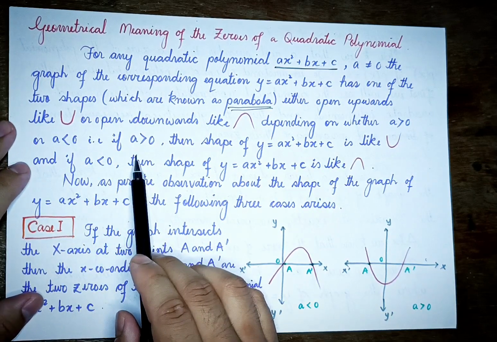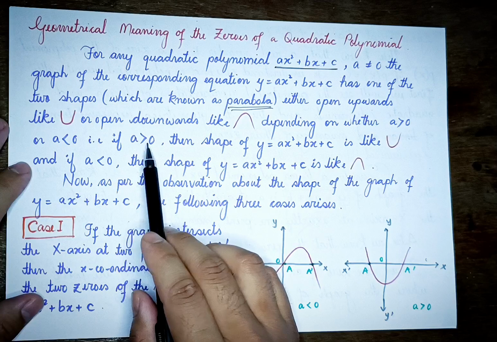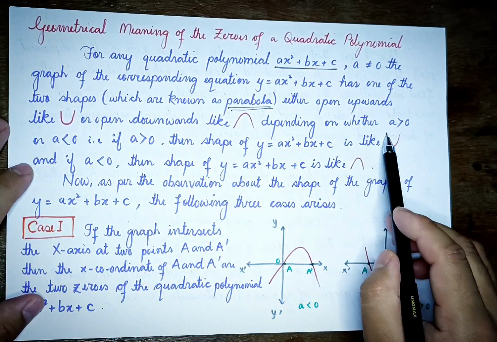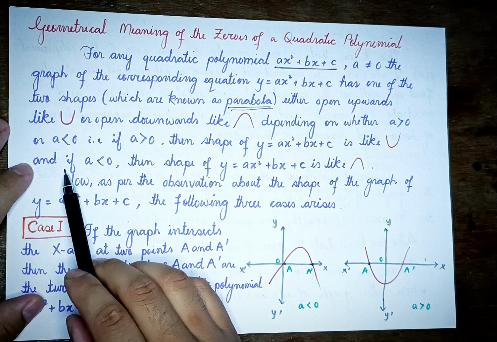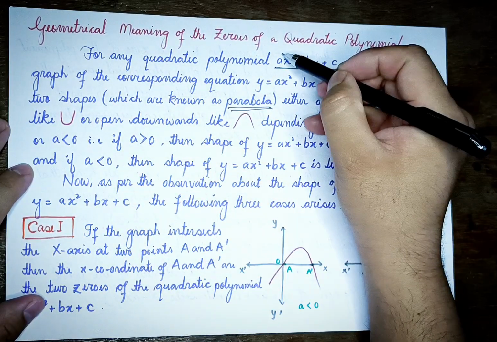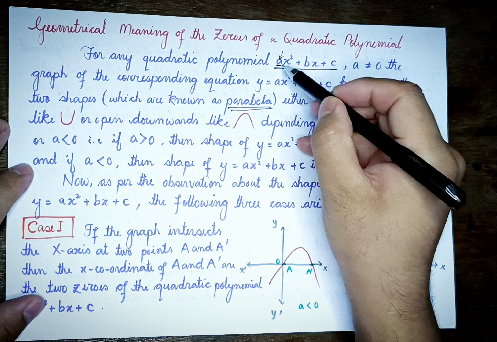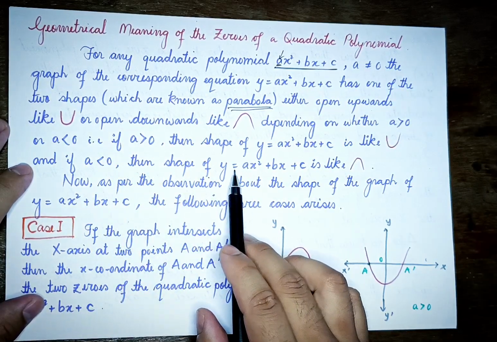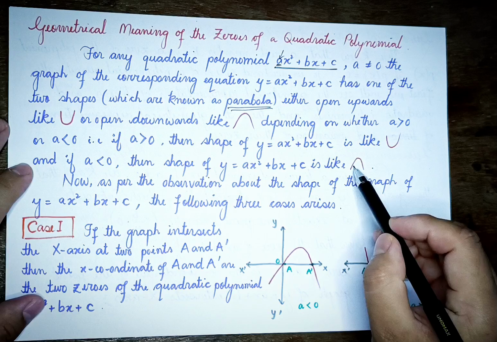If a is greater than 0, the shape opens upwards. If a is less than 0, here we are talking about this coefficient, then the shape will be like this, downward.